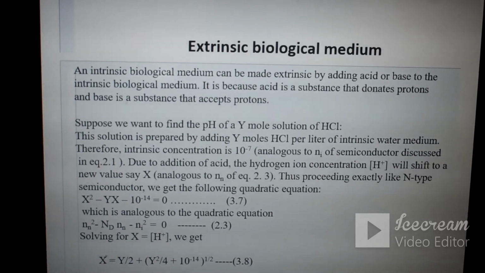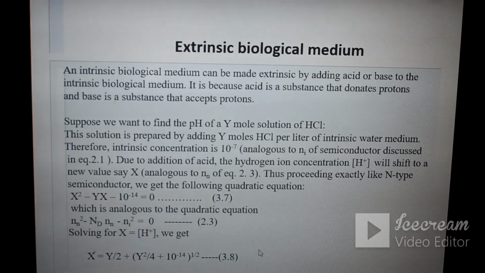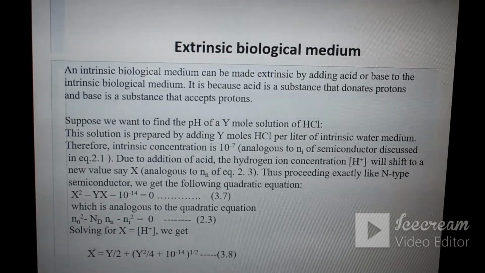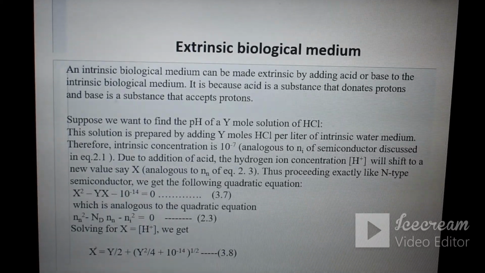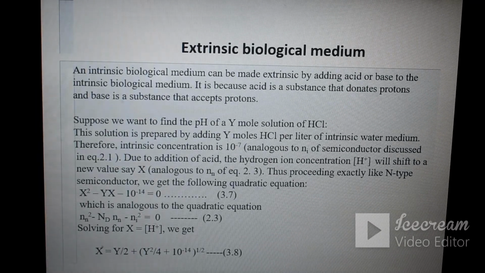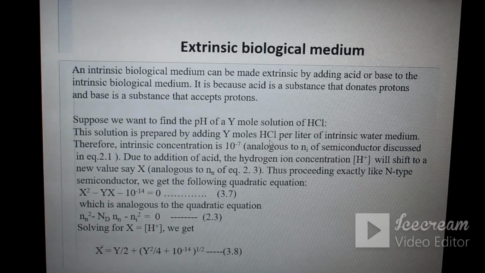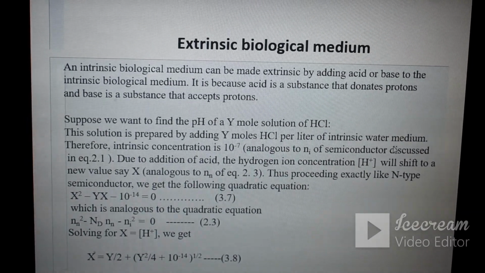Suppose now we want to find the pH of a Y mole solution of hydrochloric acid. Generally, how is this solution prepared? It is prepared by adding Y moles of hydrochloric acid per liter of intrinsic water medium.